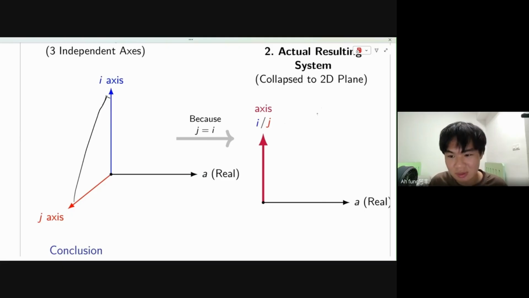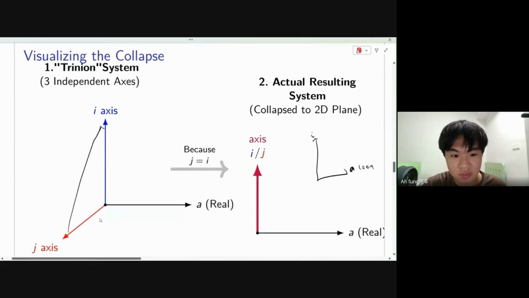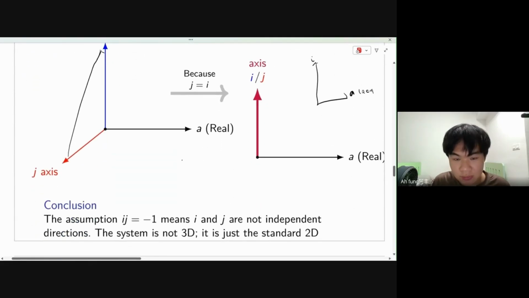There's no difference. So this turns out to be the reason why trinomials fail to describe 3D rotations. If we want to do something like 3 dimensions, each axis must be linearly independent.